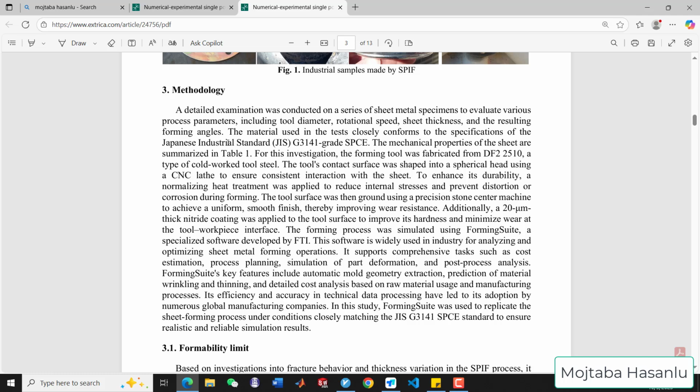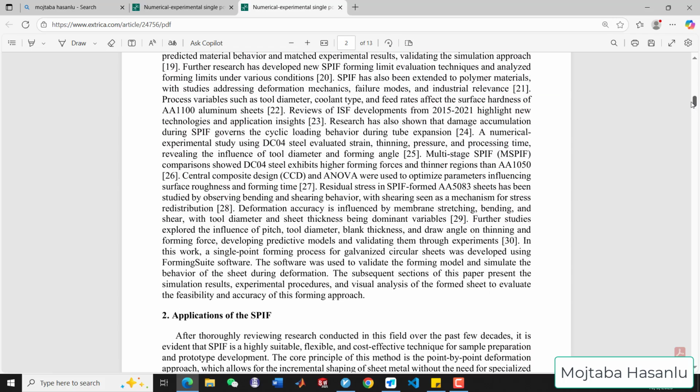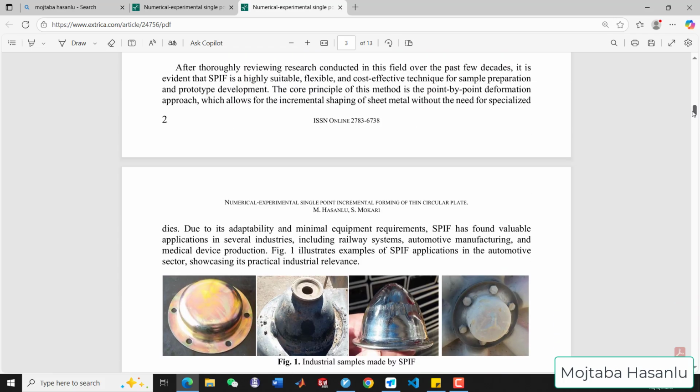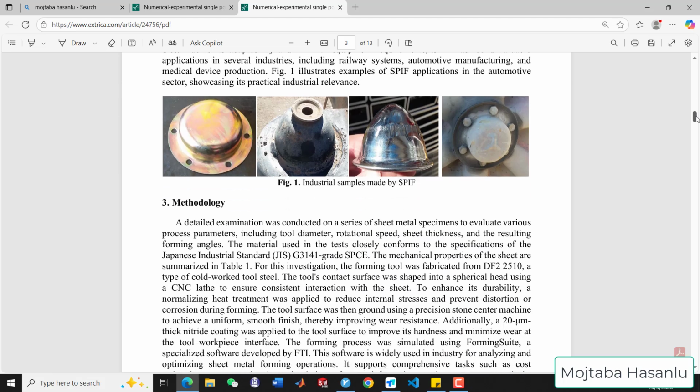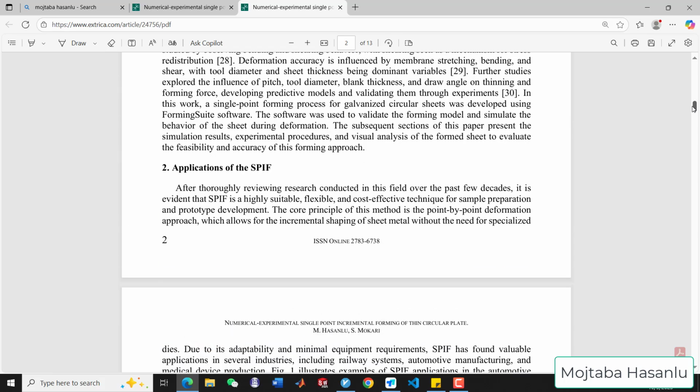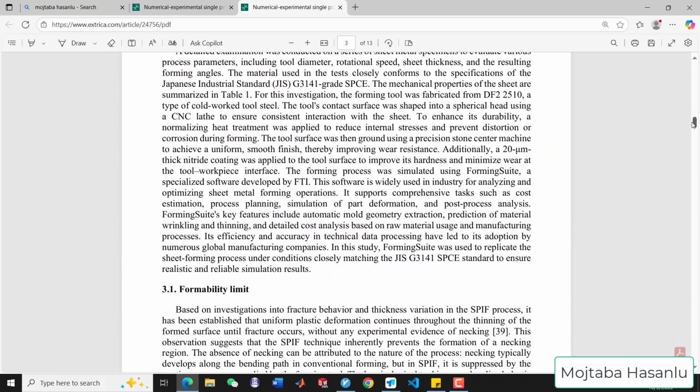The next one is methodology. Maybe you see methodology is divided from the applications. Some scientists or researchers consider applications as part of the introduction, but the others say no, applications is part of the methodology.